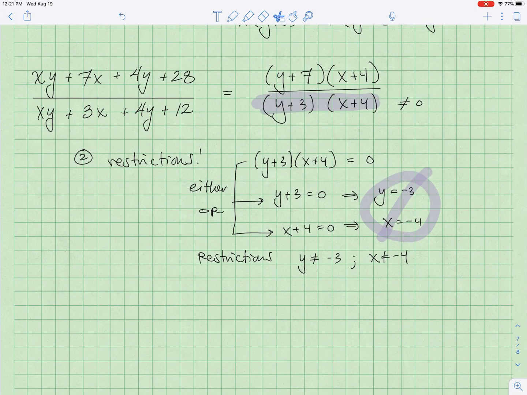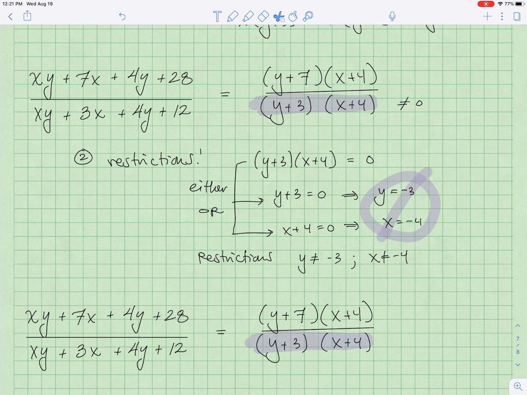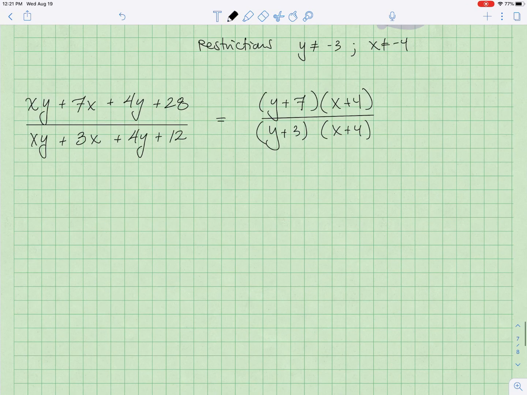So we now have the following. We're now going to cancel common factors in our third step, and those common factors happen to be x plus 4.